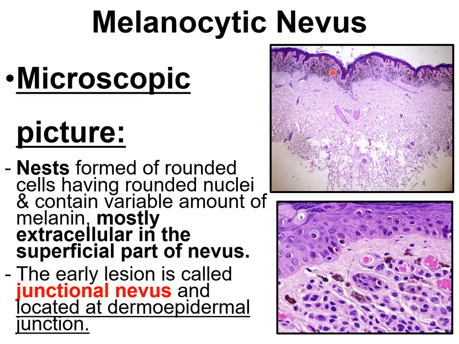So the groups or nests of cells, formed of rounded cells with rounded nuclei, are present firstly at the dermo-epidermal junction. So they are called junctional nevus.